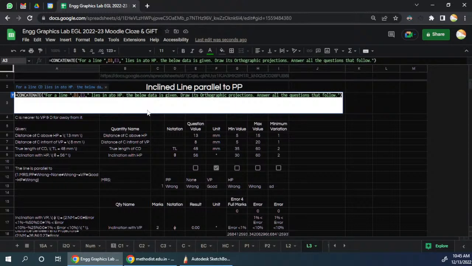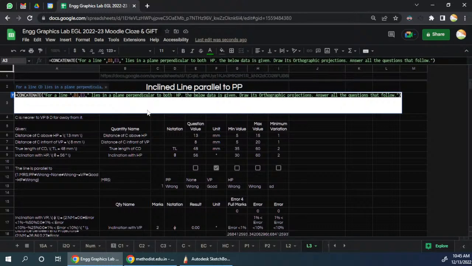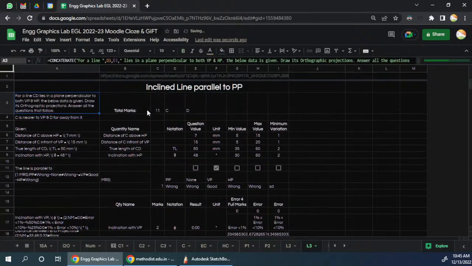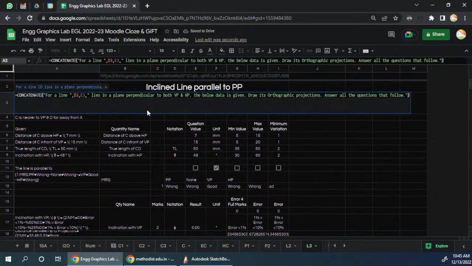Lies in a plane perpendicular to both PP and HP. So this is in a plane which is perpendicular to both HP and VP.